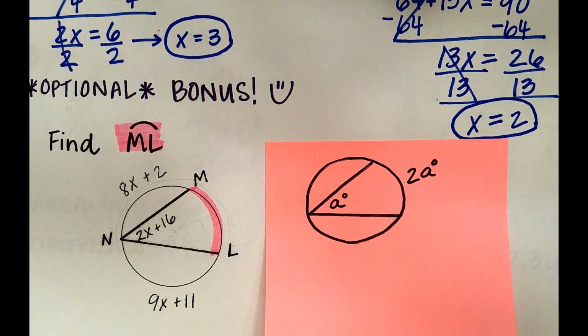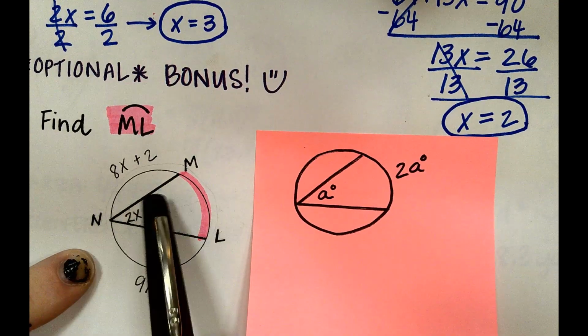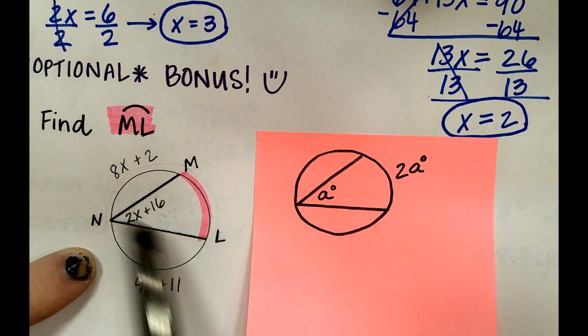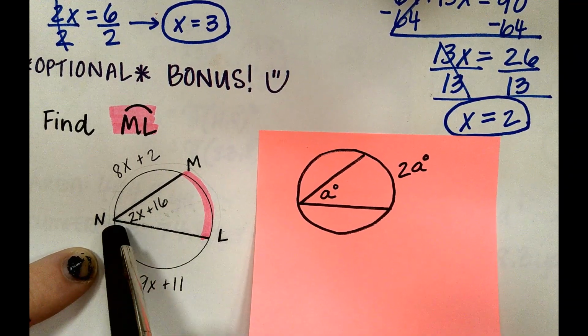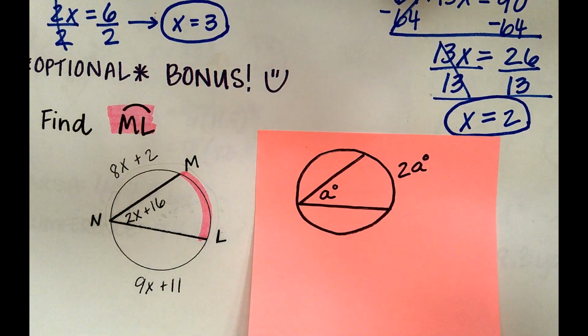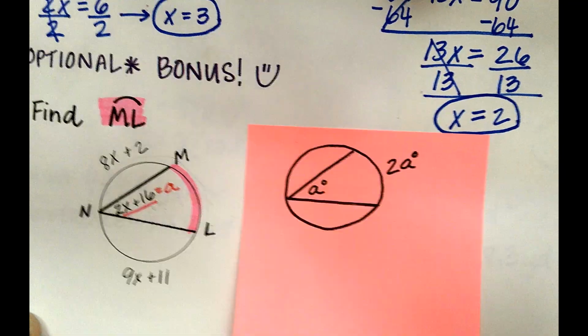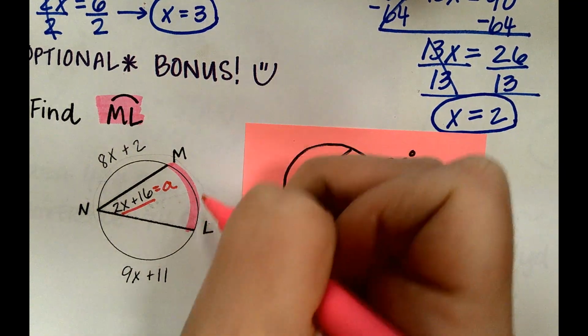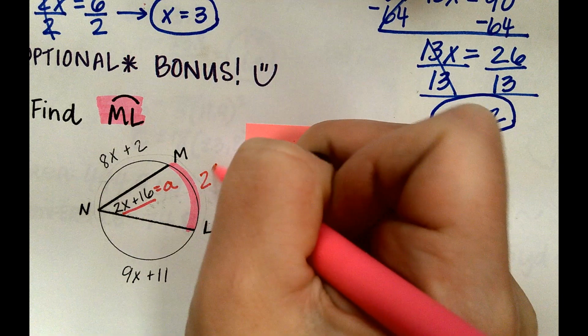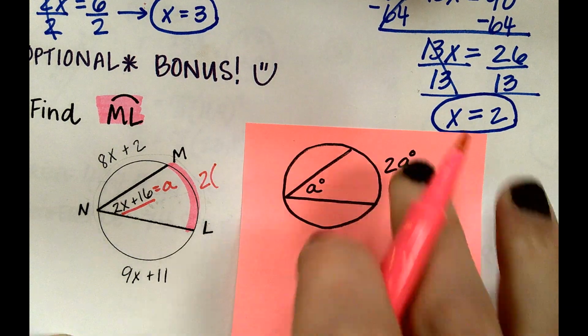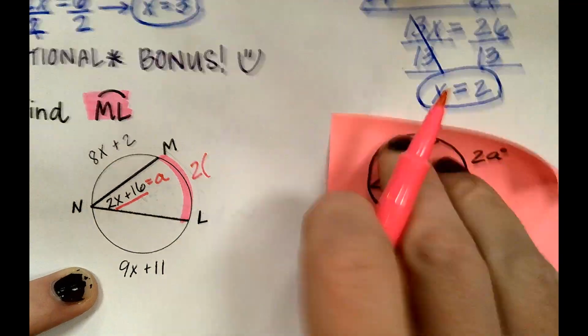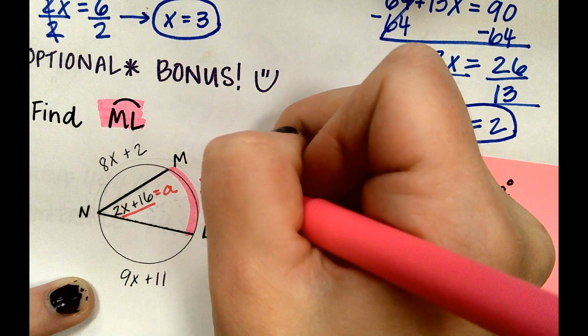Yes, absolutely. If I know that this angle MNL, this 2x plus 16, is basically my A, I'm going to write that here. This is A. So ML must be 2 times A, and we said A is 2x plus 16.